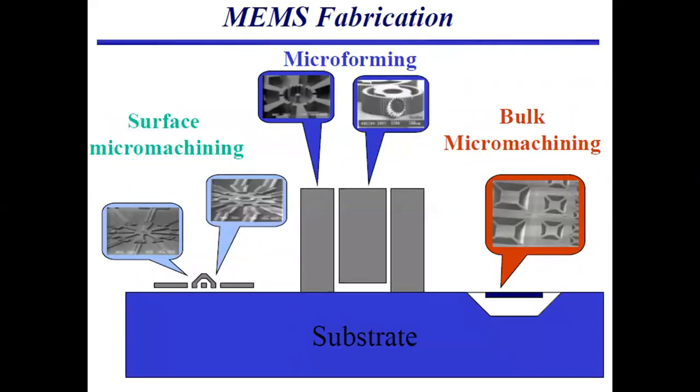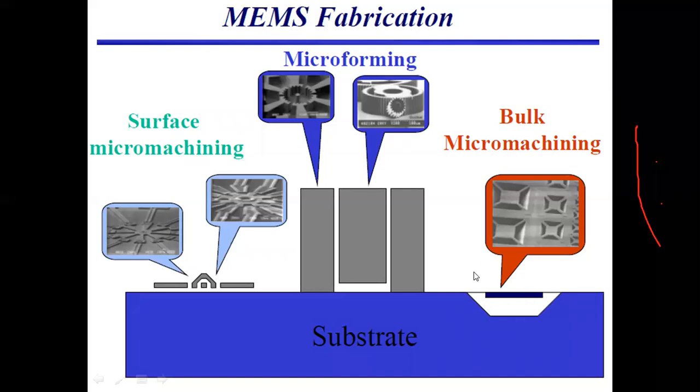In microforming, we use molding and electroplating to form structures on the surface of the wafer. In this slide, you could see all the three processes. This is the cross-section view of the silicon wafer on which some structures or devices are made. Here you could see that we have made a device on the surface of the silicon wafer. That technique is known as surface micromachining.